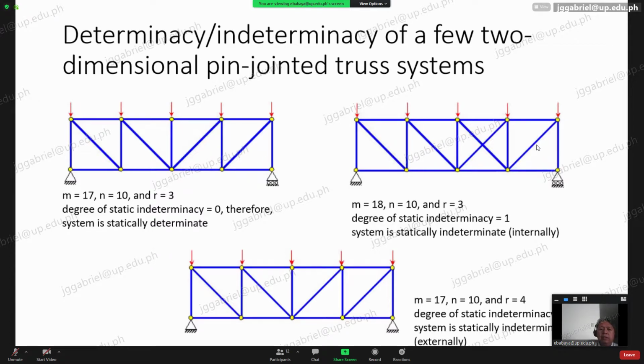Okay, so that's how we got the m, number of members. And you have n equal to 10 nodes: 1, 2, 3, 4, 5, 6, 7, 8, 9, 10. Okay, and then r, you have 1, 2, and then 3. Okay, did you get that?